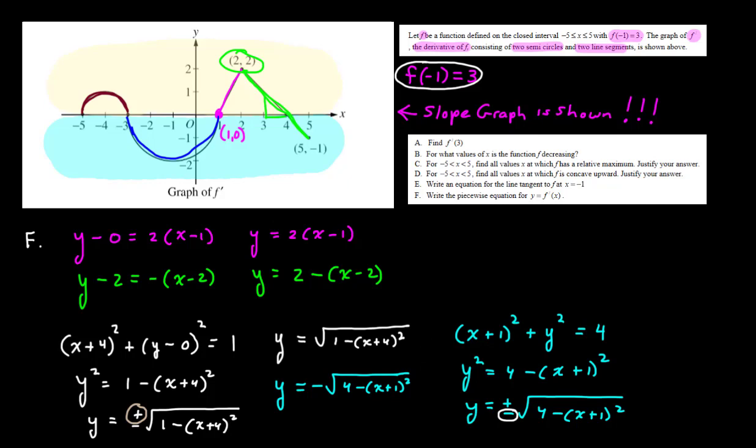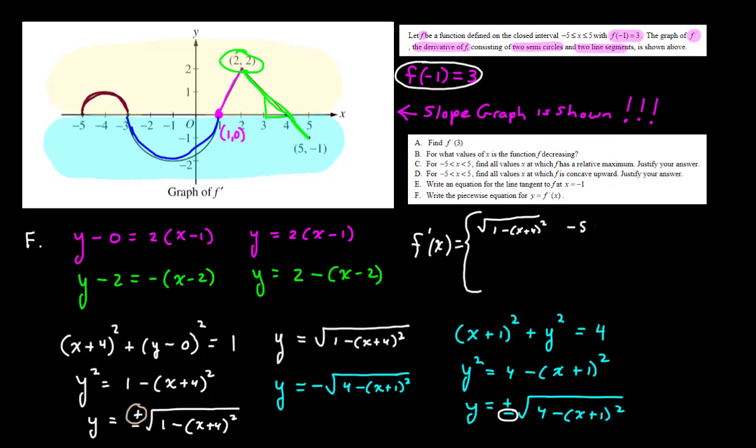So I am ready to write the original question, which is an equation for f prime of x in a piecewise format. So f prime of x equals, it's going to be a piecewise equation. I'll start left to right. It was square root of 1 minus quantity squared.